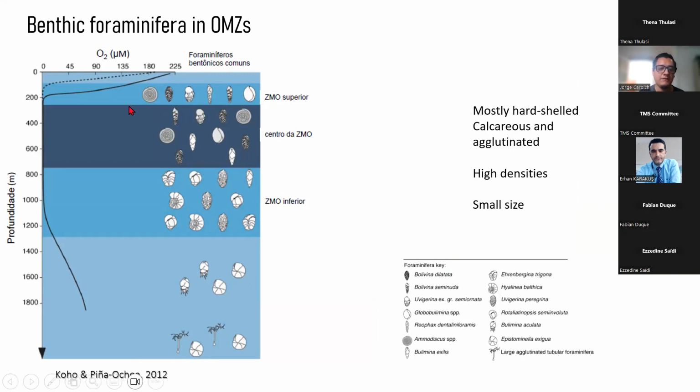So they define that there are different communities, or a zonation of the species, from the upper OMC through the core of the OMC to the lower OMC and below the OMC. So in summary, the foraminifera here are mostly hard-shelled, mainly calcareous and agglutinated. They have very high densities, but they are small in size.